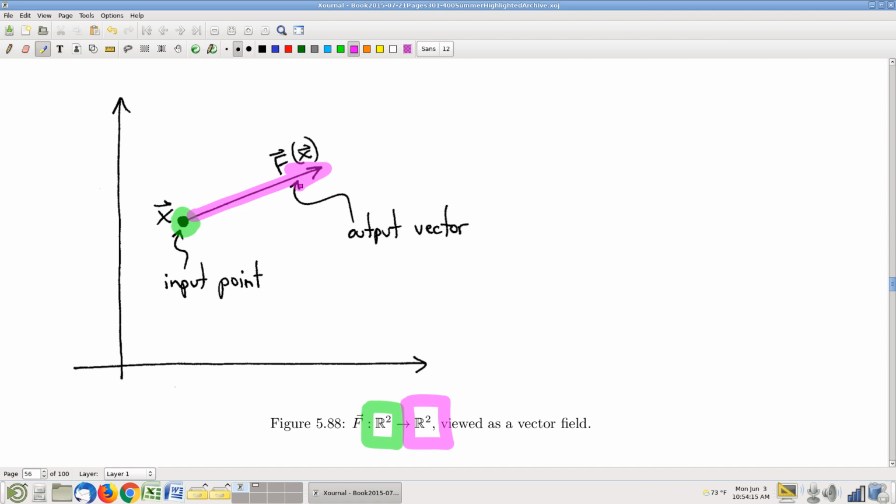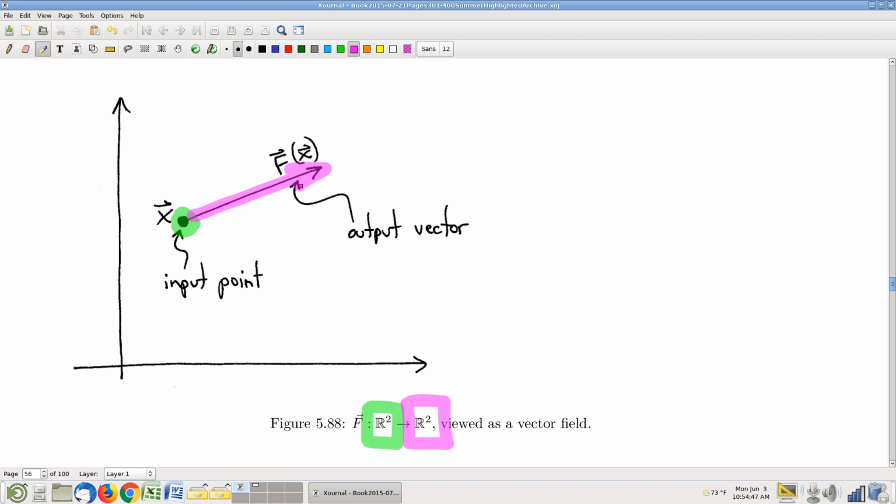So this output, you can call the output vector. Sometimes you might also call this the field vector. This is the vector that the vector field, namely this function, associates to the original point. So everybody see how, if you have a function from R2 to R2, you could interpret that function as giving you a vector field.